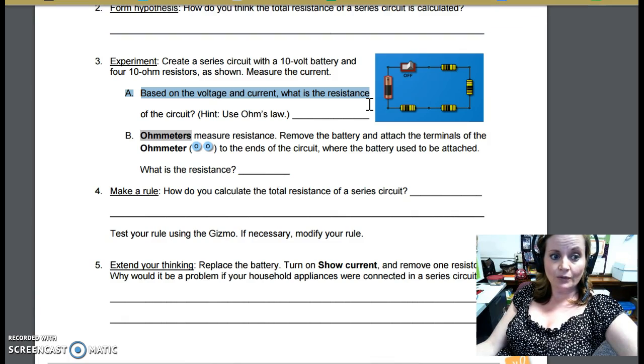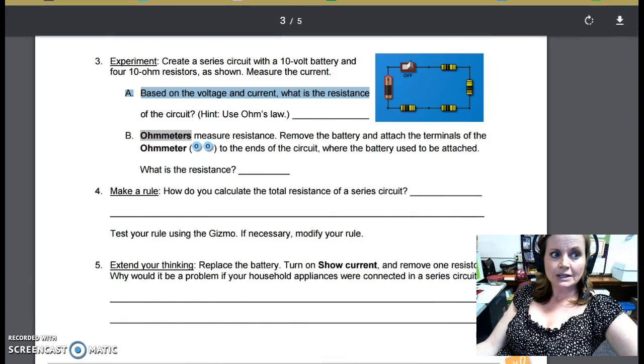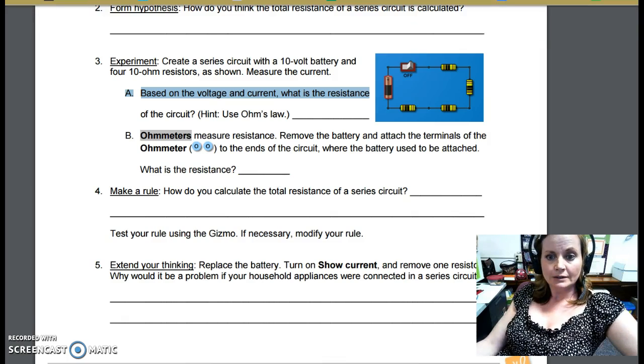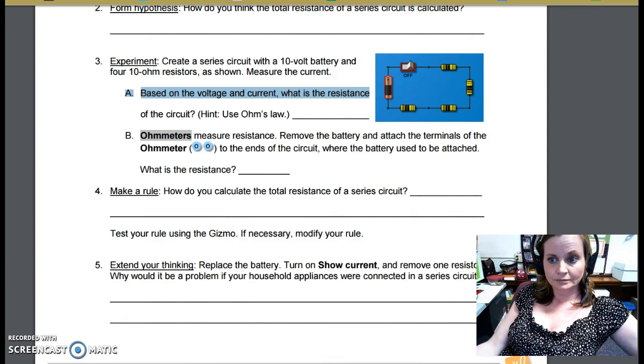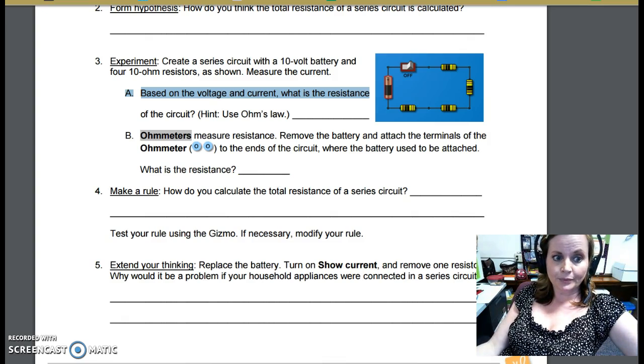I equals V over R. That would give you current, excuse me. So resistance would be V over I, voltage divided by current. Okay?